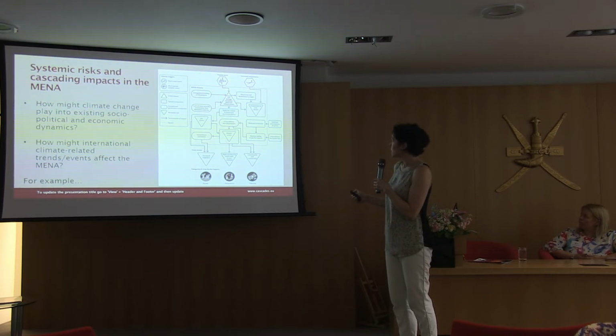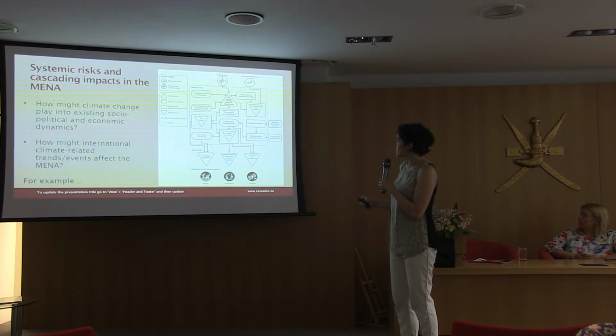So this is a tropical storm leading to loss and damage to coastal areas, how that might mean reduced income for business and tourism, and how that might then lead to job losses, which might feed into other problems and cause violent unrest, for instance, and insecurity, and maybe migration.